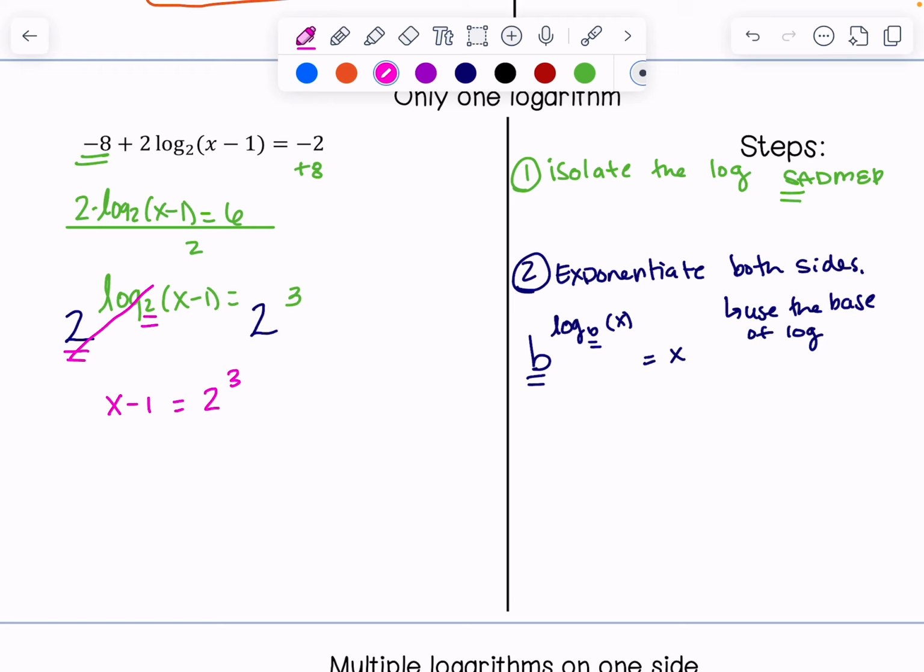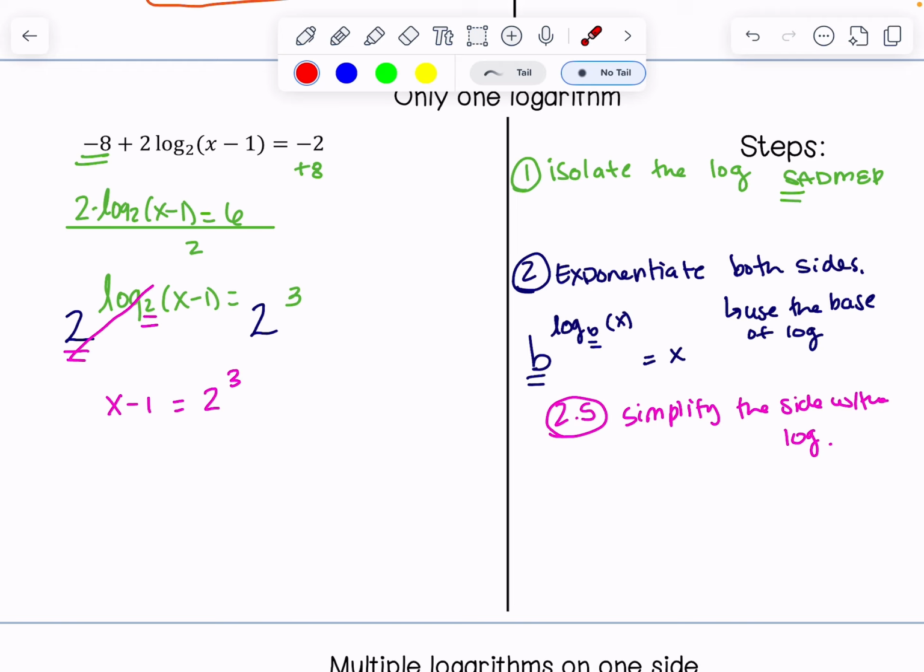So kind of my next step underneath this, once again, kind of a step like 2.5, would be to simplify the side with the log. And we're using this property, once again, right here, that if the base of your exponent and the base of your log are the same, this just simplifies down to what was your argument.